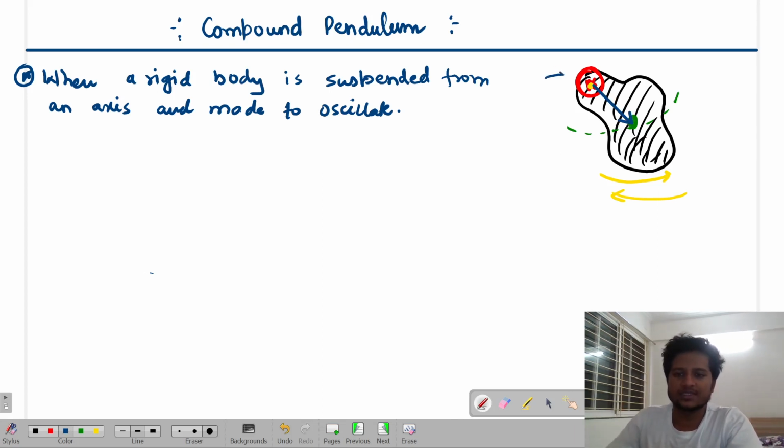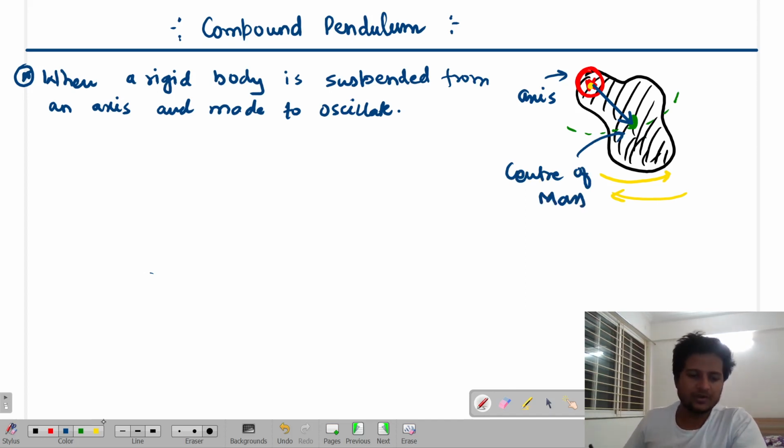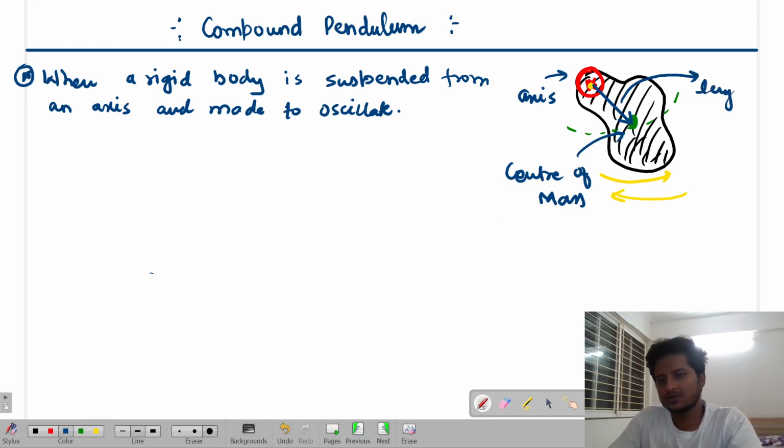This is my axis, this is my center of mass. Then we'll define the length of oscillation, just like the length of a string, as the gap between this axis and center of mass. Is that clear? So what is L?